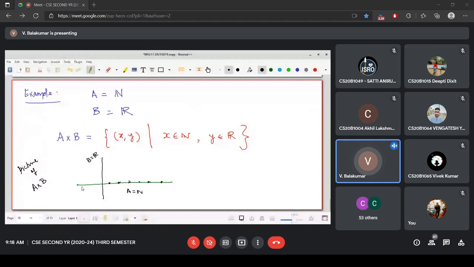Whenever you draw a picture, always compute a few points. Give me one first. Instead of x comma y, give me suitable numbers. 0.5 comma 2. Whether this belongs to A cross B?